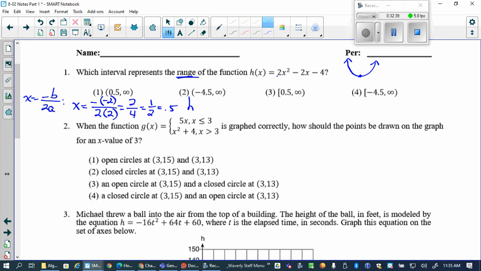So h of 0.5 is going to be 2 times 0.5 squared minus 2 times 0.5 minus 4. 0.5 times 0.5 is 0.25. But you guys could just put this whole thing in your calculator as one thing. Couldn't you? Well, put the whole thing in your calculator. What do you got?